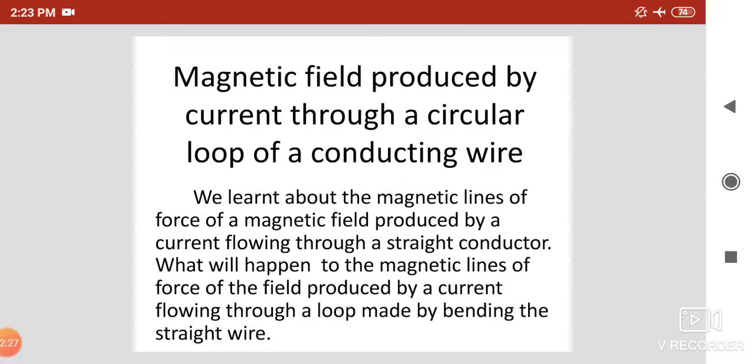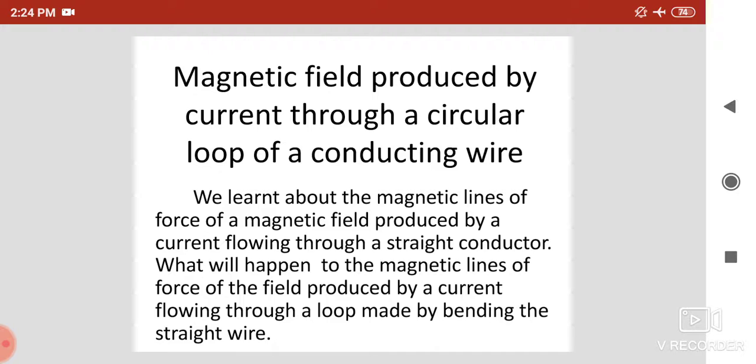Now let us start the new part of this chapter, that is the magnetic field produced by current through a circular loop of conducting wire. In the previous activity, we saw that there was only one wire and current was passed through it, and concentric circles were produced around the wire.